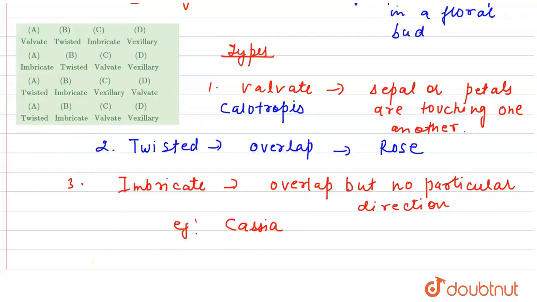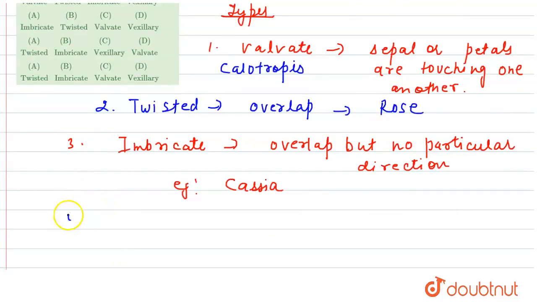Now we will talk about the next type, which is known as the vexillary.